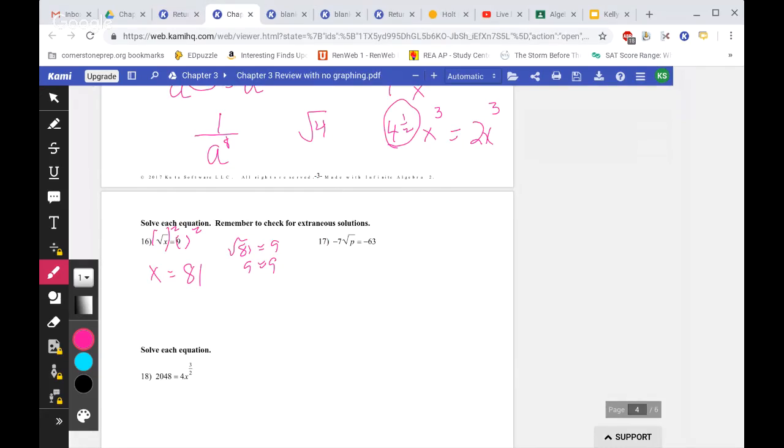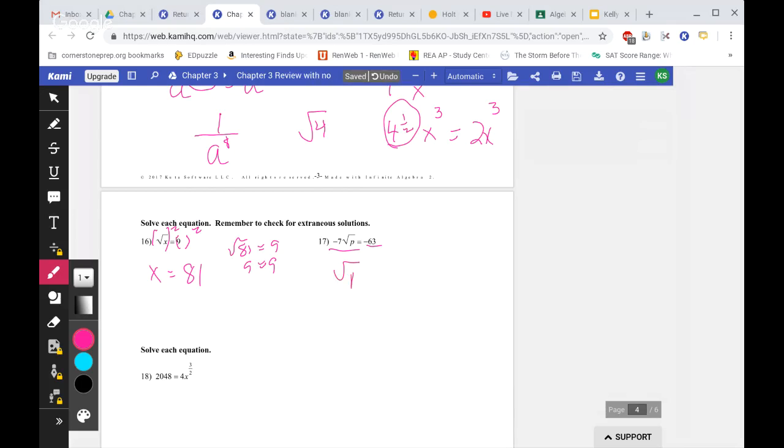Did you try number 17 by chance? No, I did not. Oh, okay. So the first thing you're going to do, kind of like what I was talking about with Alex, if you can, you want to do PEMDAS in reverse at any point. And here we can divide both sides by -7 first.